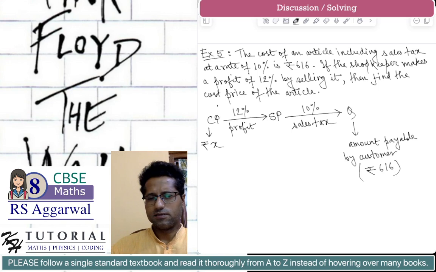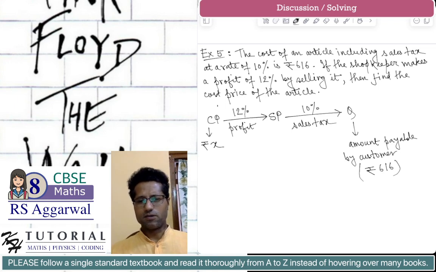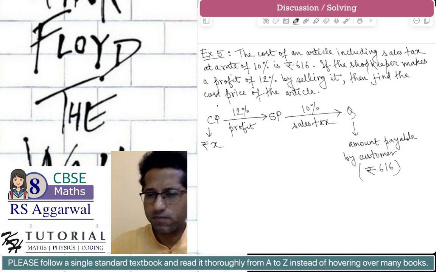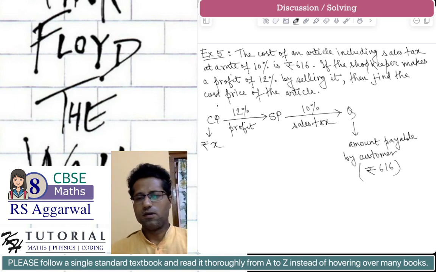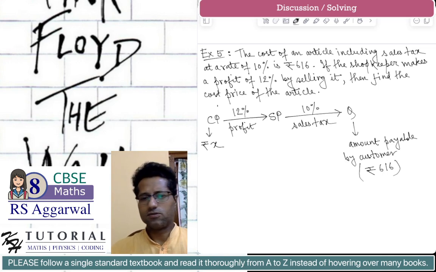The other way is to assume the cost price is rupees X, and with a profit of 12% you can calculate the selling price in terms of X, then apply the 10% sales tax to get Q, also in terms of X, and then equate that value with 616. That is another way. I will do it in the first way.